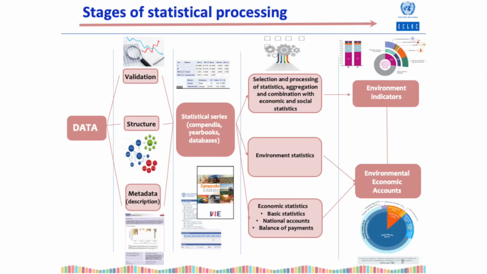Understanding the importance of interaction between the economy and the environment, we also build multipurpose environmental accounts. Summarizing, the data need to be validated, described, and structured to compile them into a statistical series and process them to achieve the development of an indicator that allows us to support the different policies or programs or to answer the problem initially raised.